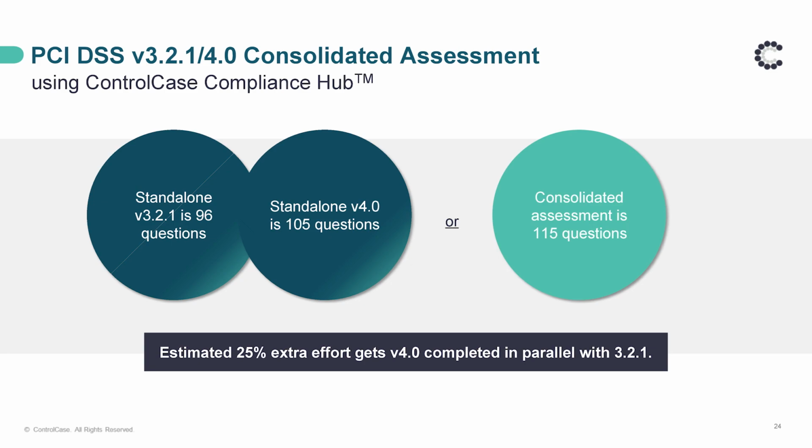With the consolidated assessment approach, a total of 110 to 115 questions will be reviewed, and we estimate 25% of extra effort to get the version 4 completed when you do it in tandem or in parallel with 3.2.1. So that's a good effort saving, right, and gaining the efficiency in comparison to when you do this assessment separately, especially when you do a standalone version 4 assessment, the effort will be much more than when you do it with 3.2.1.